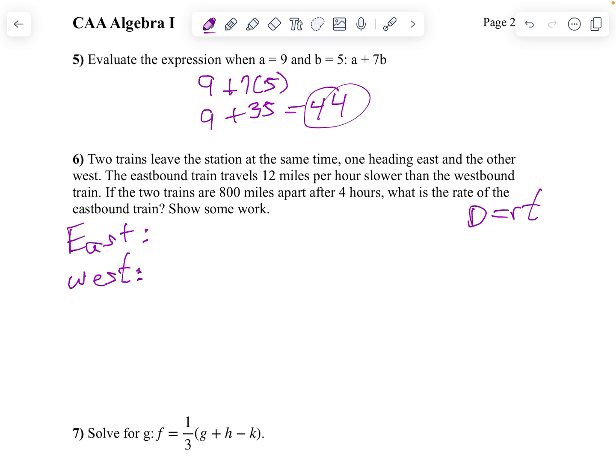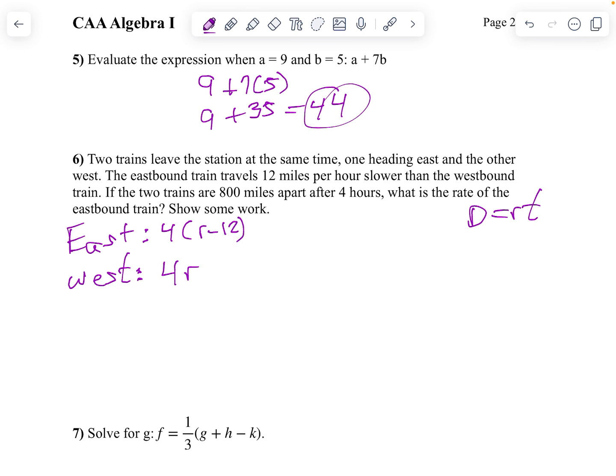If the two trains are 800 miles apart after 4 hours, so the distance of the westbound train, I'm going to go for 4 hours, and I don't know what that speed is. I'll call that R. Now my eastbound train is still going for 4 hours, but it's going 12 miles an hour slower, isn't it?